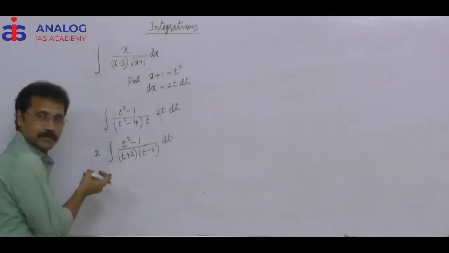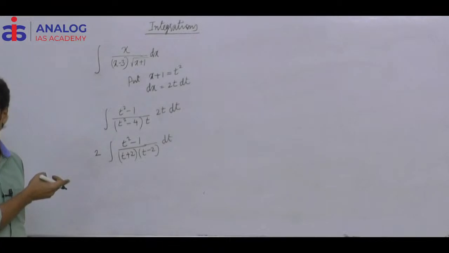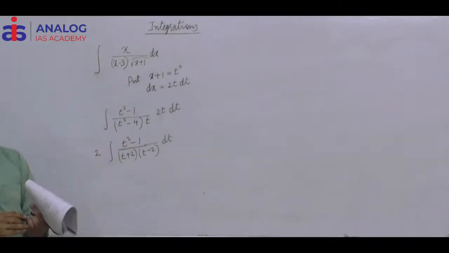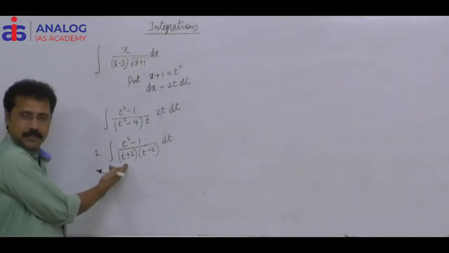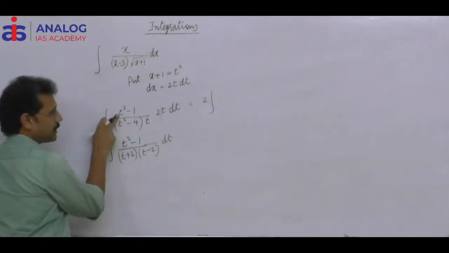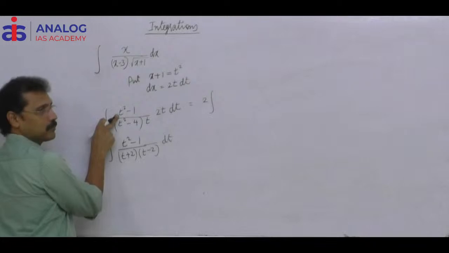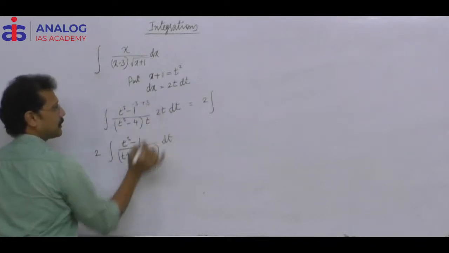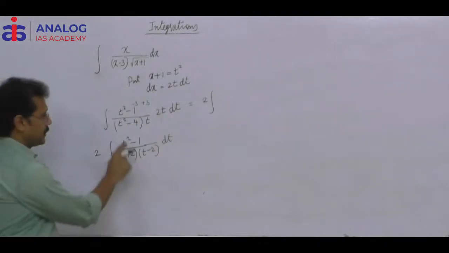Partial fractions. Got it? That's it. Or if you are very good at integrals, one more thing you can also do. This is a partial fractions, easy one. Or else what you can do is write the numerator as t square minus 4 plus 3, minus 3 plus 3. So t square minus 4 is already there in the denominator.